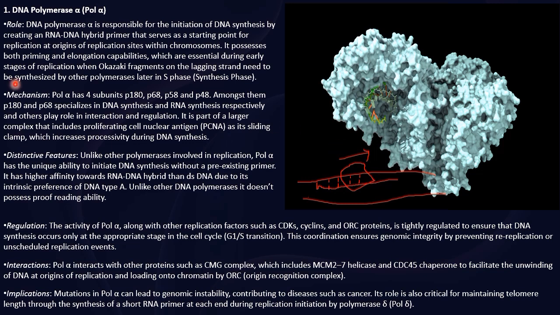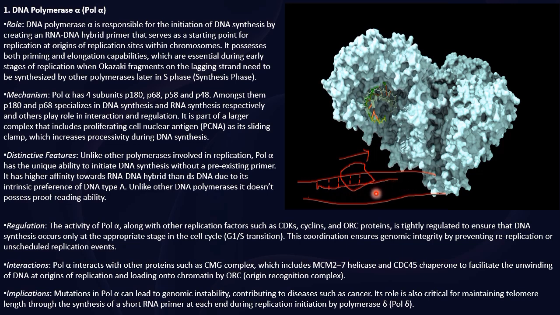Thus, it falls off after some time, after approximately 10 to 20 or 20 to 50 nucleotides of double-stranded DNA synthesis, which means after creating a 10 to 15 nucleotide RNA primer, it creates double-stranded DNA with its P180 subunit. Then after creating an approximately 50 to 100 nucleotide short DNA fragment, it just falls off.